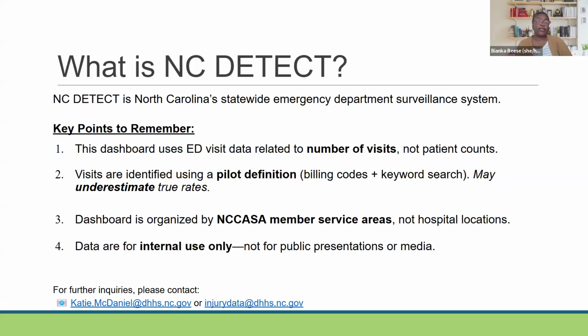And then the last point to remember about this data is that it's only for internal use, and we're limiting access to the dashboards to only NCCASA member organizations through the coalition manager. This is because the data is very sensitive, especially if you filter by county or service area or organization, you're looking at very specific areas, and with limited numbers, right?